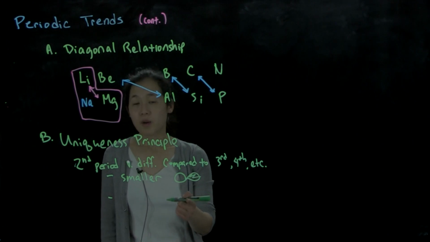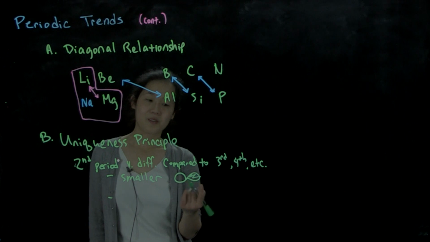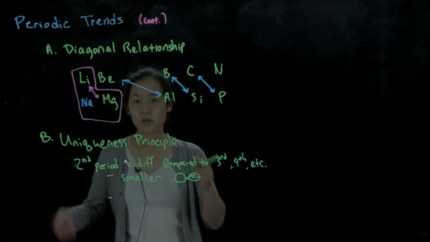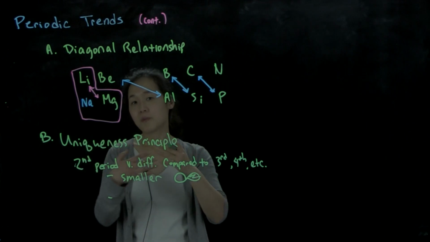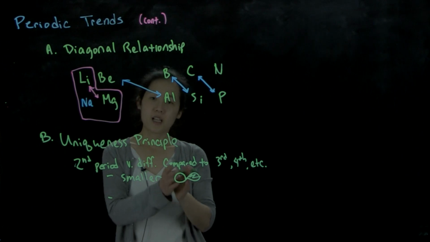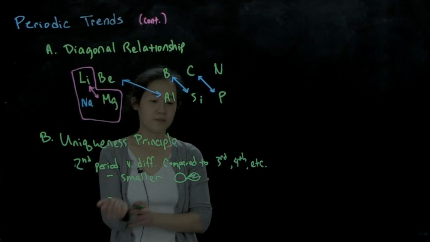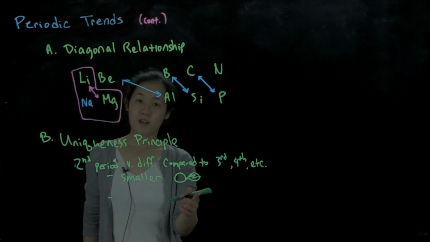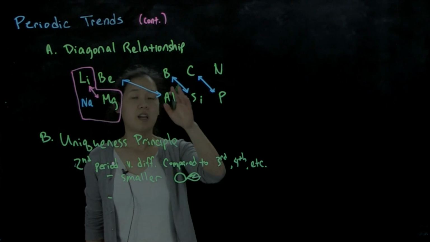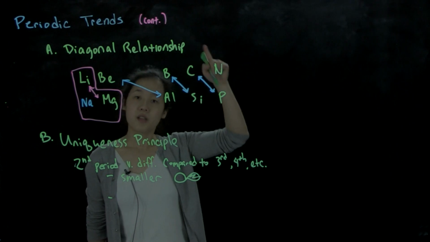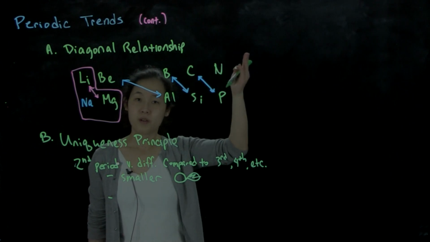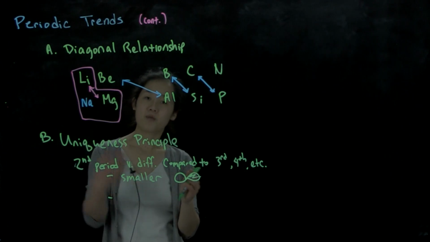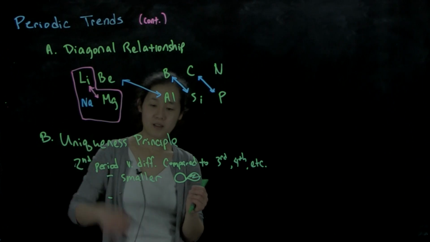But they don't have 1p orbitals, so there's no filled p orbital directly underneath, so it's not as shielded. So it's going to be smaller. This was the effect that we saw with electron affinity, in that there's a kind of discontinuity between the second and the third rows because of that small size. We can't push that extra electron in.